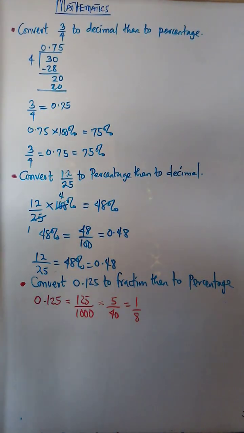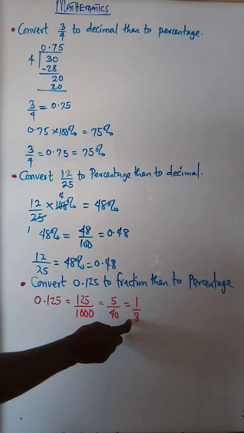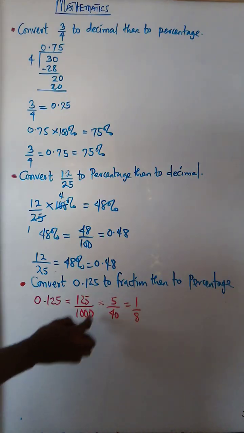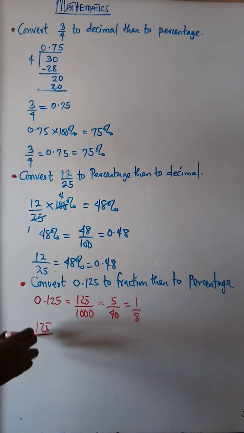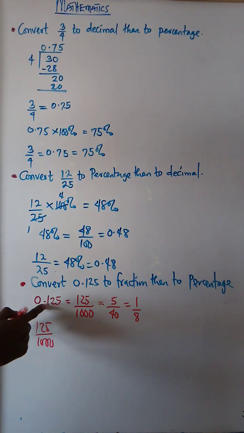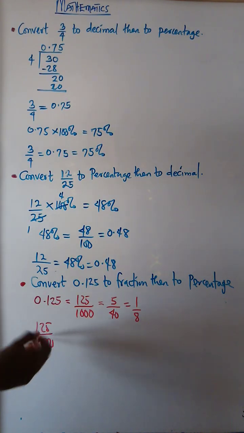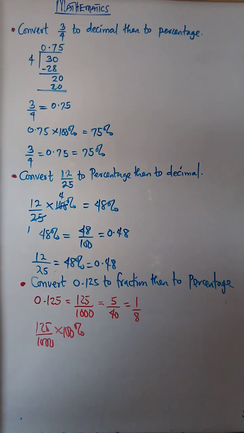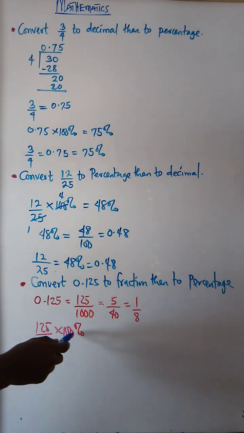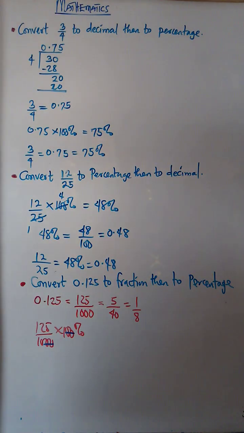So let's now convert the fraction to percentage. But instead of using 1 over 8, I'll use 125 over 1,000. Why? Because 1,000 can easily cancel 100. So this 0.125 in fraction, to percentage, I'll just multiply by 100%. What happens here? 2 zeros from this cancel 2 zeros here. So I'll be left with only what? 1 0 here.